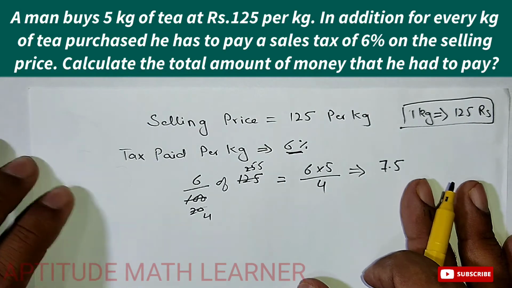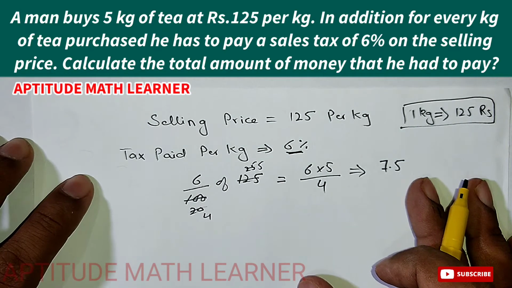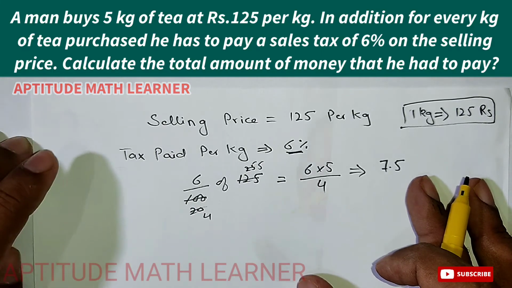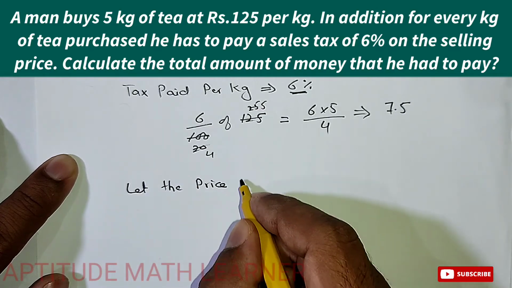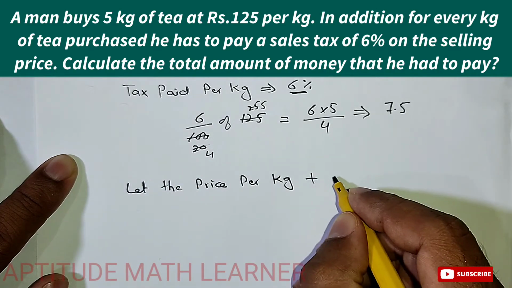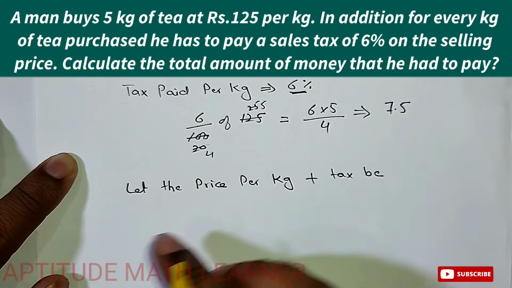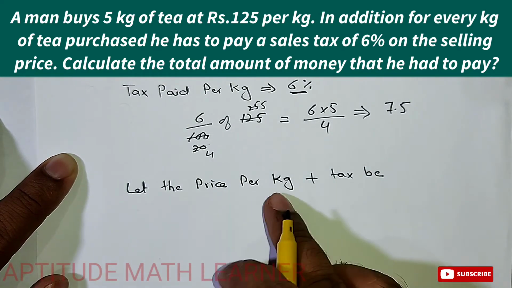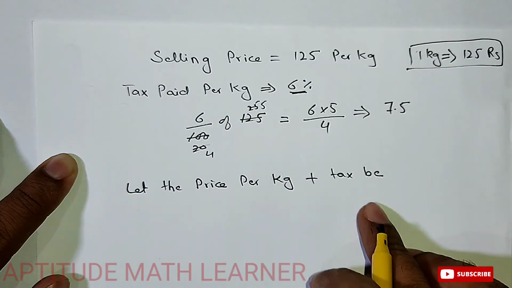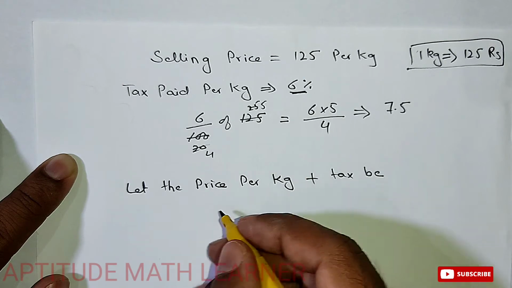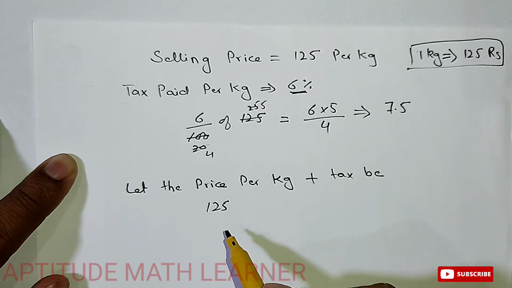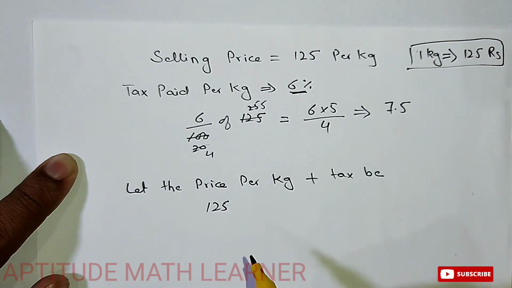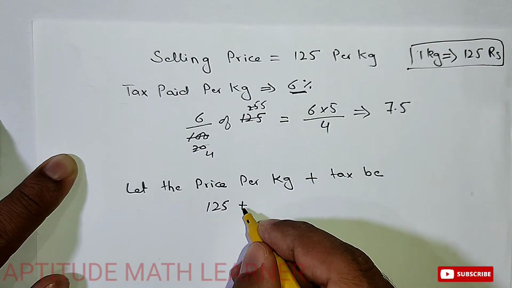So the total amount for 1 kg he has to pay, here we have written: the price per kg plus the tax. So 125 is the amount in rupees per kg, for only 1 kg, that is 125 plus 6%.